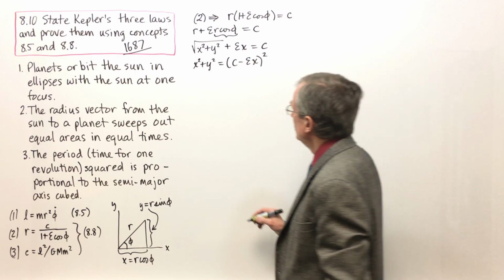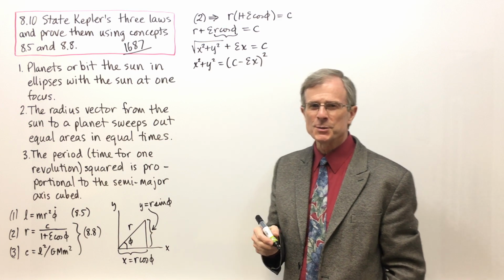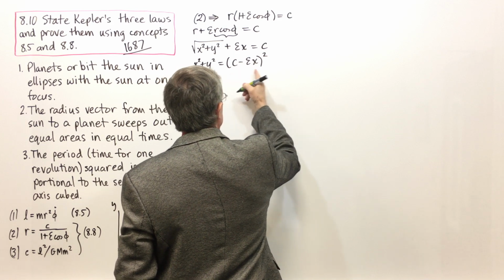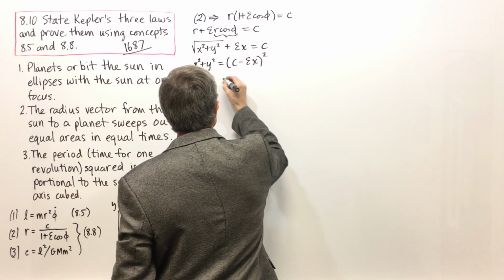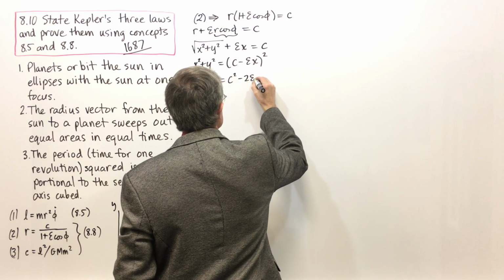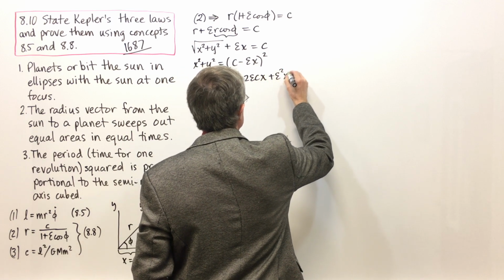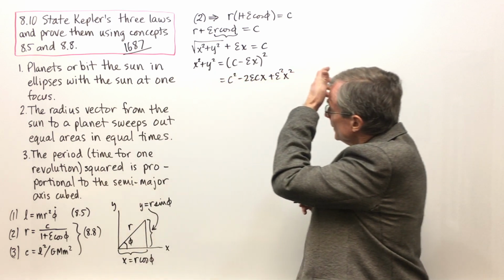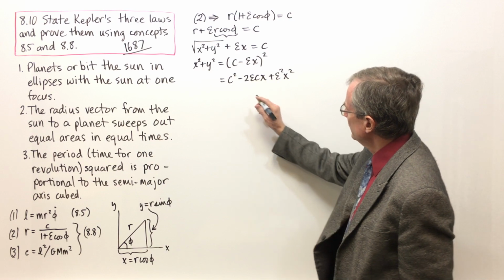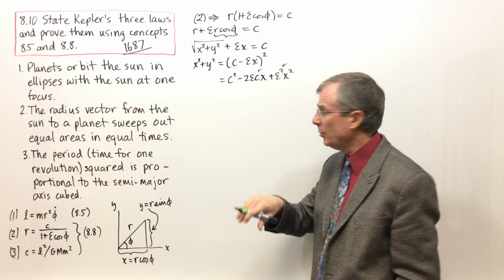And then I'm trying to get this to look like the equation for an ellipse in Cartesian coordinates. Then I'm going to FOIL this out, distribute this. This will give me c squared minus 2 epsilon c x plus epsilon squared x squared. Then I'm going to take this term and this term over to the left side of the equation.